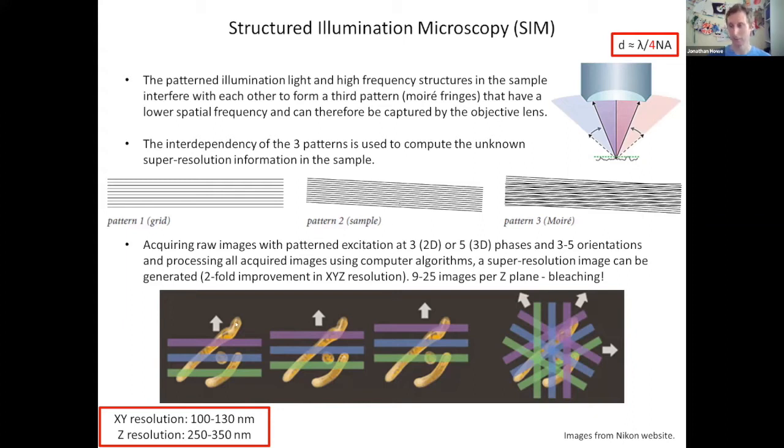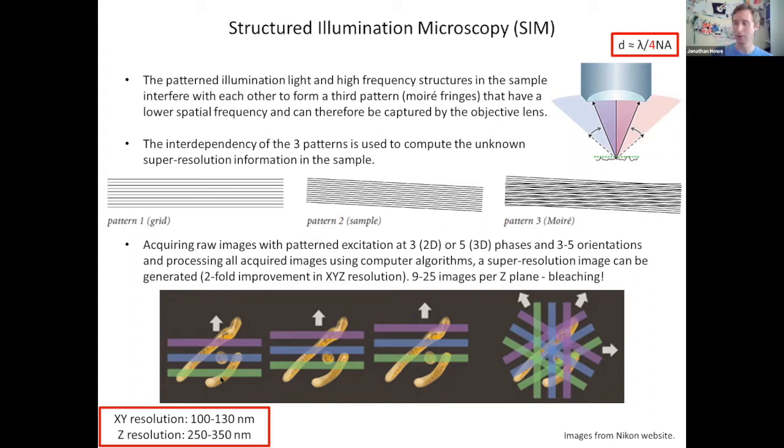By phases, I mean, this is described in this image down here on the bottom left. We take an image, we shift the pattern, we take an image, we shift the pattern, we take an image. This phase information is important for unmixing the high and low spatial frequency information in the Fourier domain. Then you can shift the high spatial frequency information out to where it originally came from and do an inverse Fourier transform to generate an image with higher resolution.